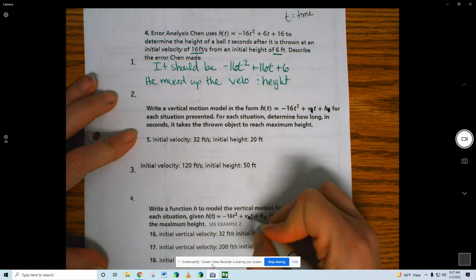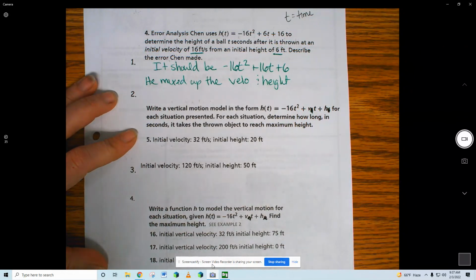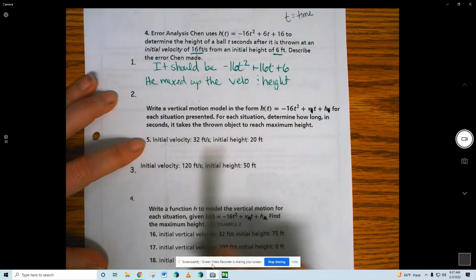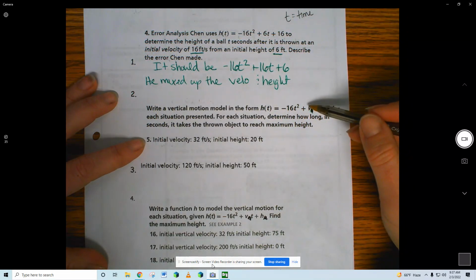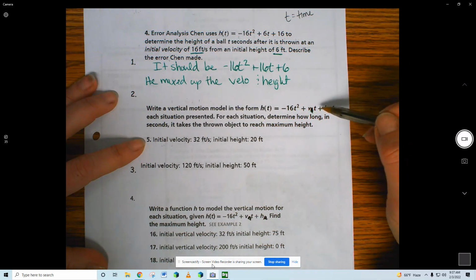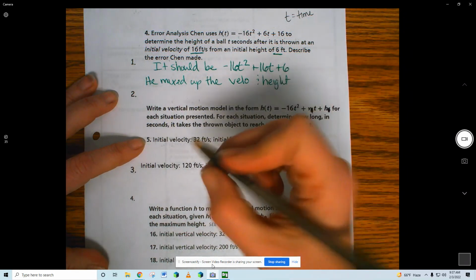Somebody tell me, what did you get for number 5? Yes.